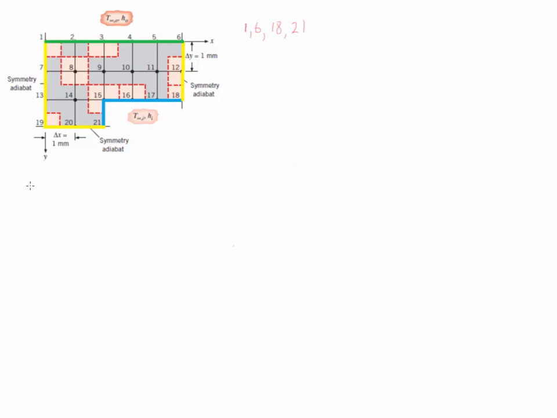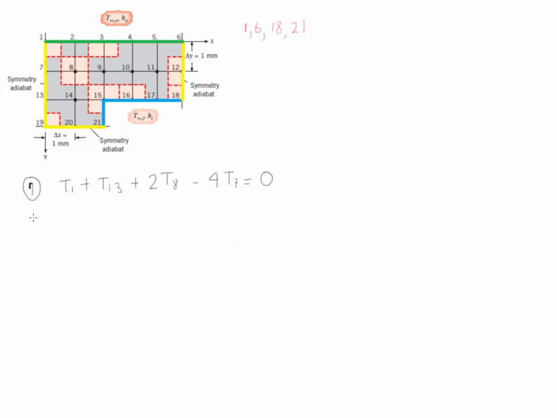So the finite difference equation for them is going to be, for number 7, we have that the surrounding nodes are going to be 1, 8, and 13. The equation becomes T1 plus T13 plus 2 times T8 minus 4 times T7 is equal to 0.